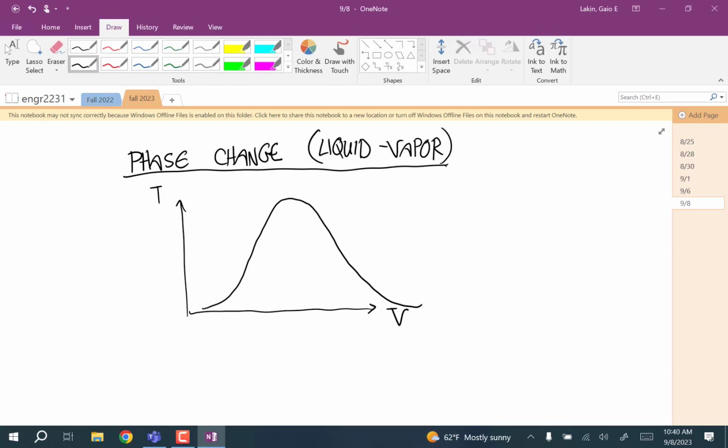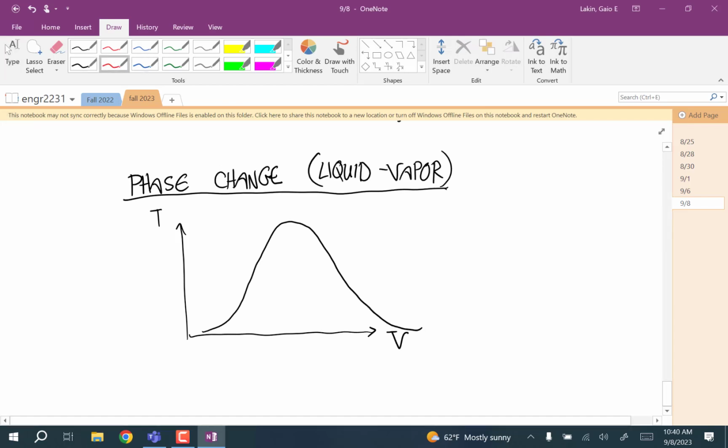And for a constant pressure, what you get is something like this. As you add energy, you mostly get a change in temperature for the liquid. Okay, this is liquid over here. This is a liquid vapor mixture. This is vapor.